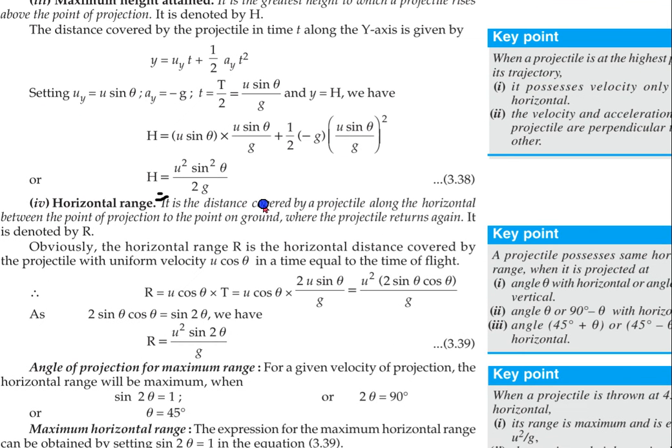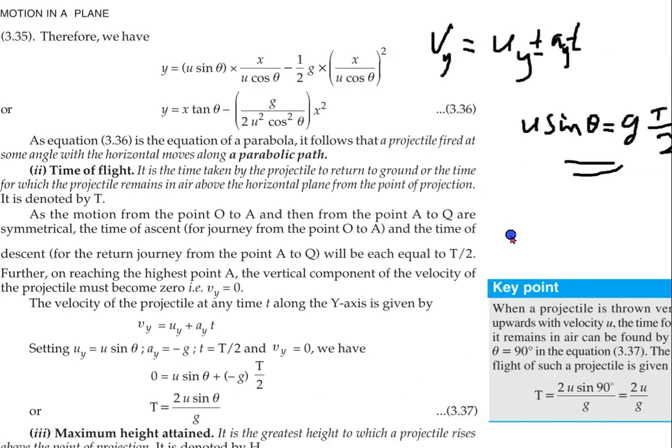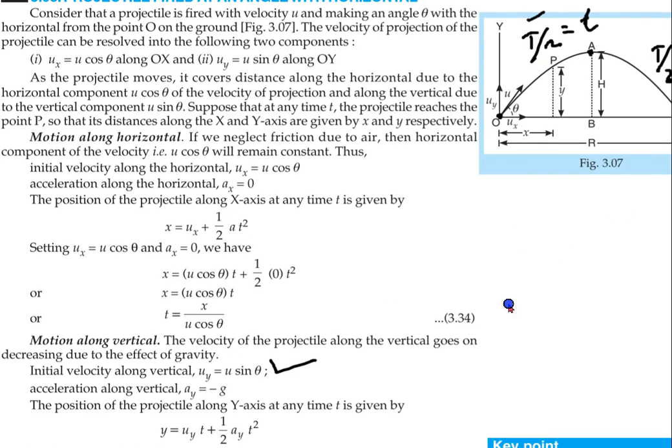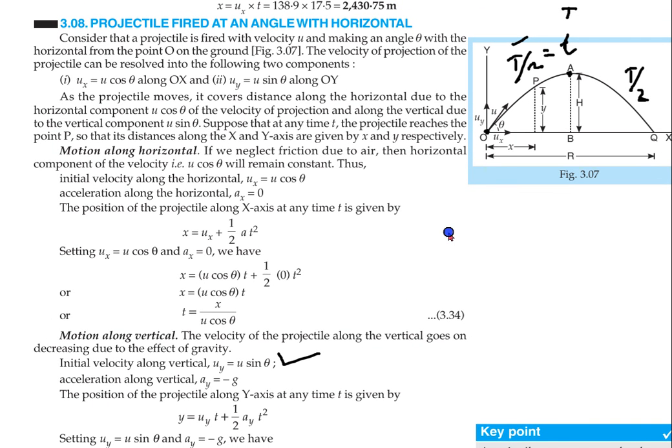Next is the horizontal range. Horizontal range means the total displacement covered by the particle. If I say total distance, I will measure the path along the particle. If I say total displacement, I will measure the distance between this point and this point only. For a projectile, I will take the horizontal distance here.